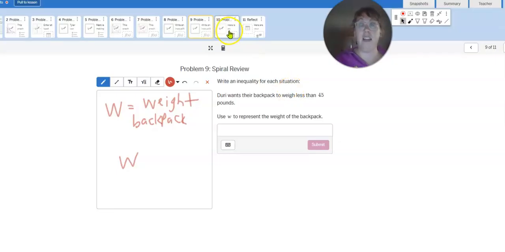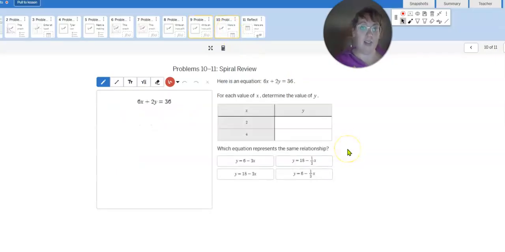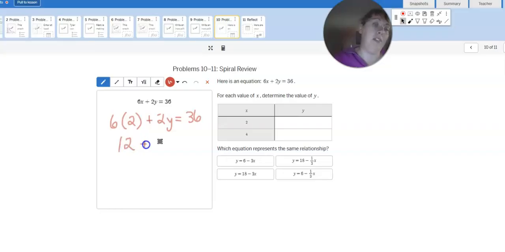And then lastly, on slide 10, here's an equation. For each value of x, determine the value of y. So if x is 2, we have 6 times 2 plus 2y equals 36. 6 times 2 is 12, plus 2y equals 36.